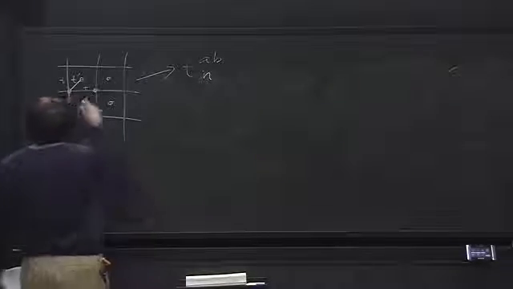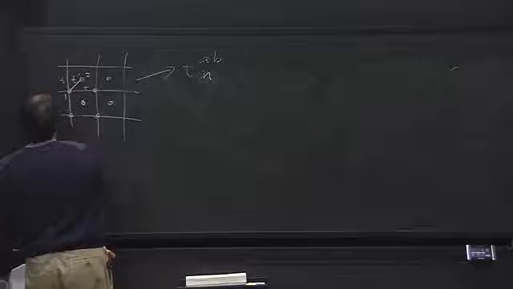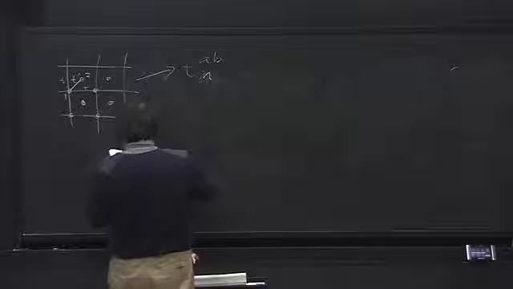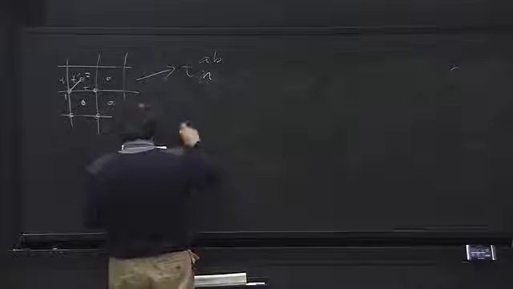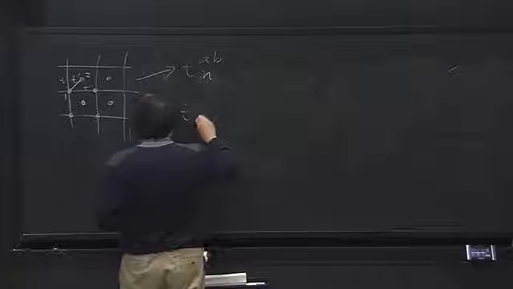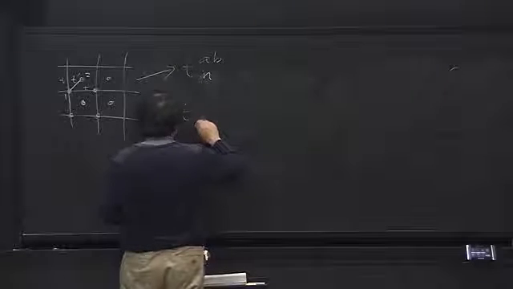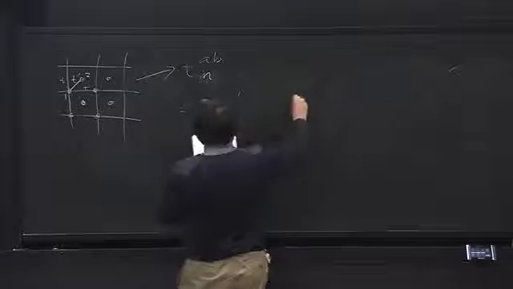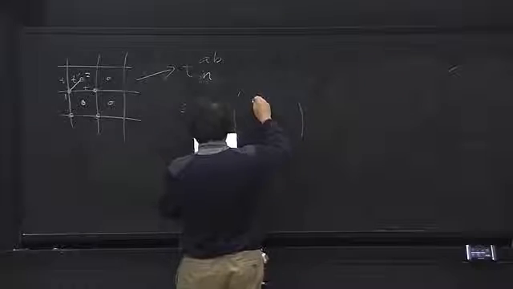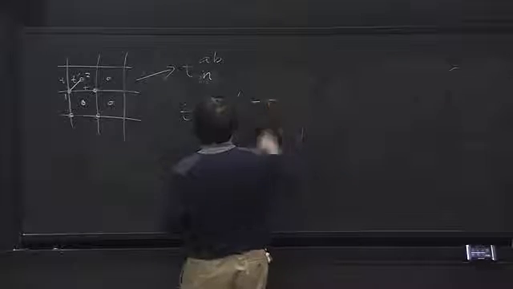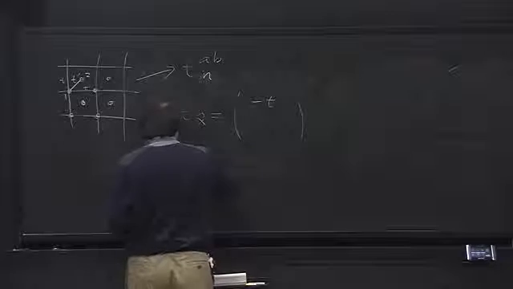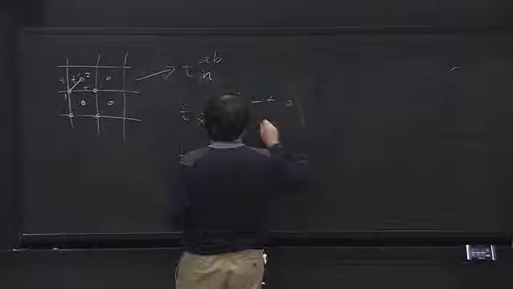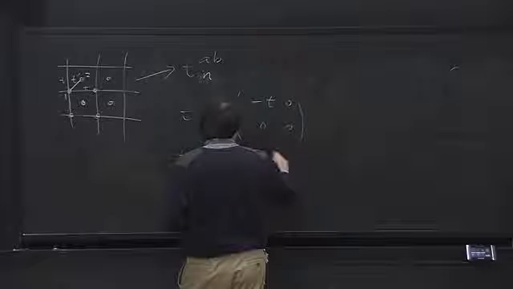Well, so let's label this as 1, this as 2. Okay. So then we see that T_x equals, let me just draw the results, minus t, and T_y also equals minus t.